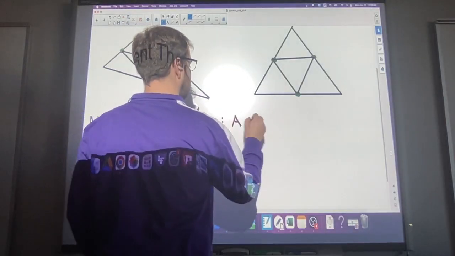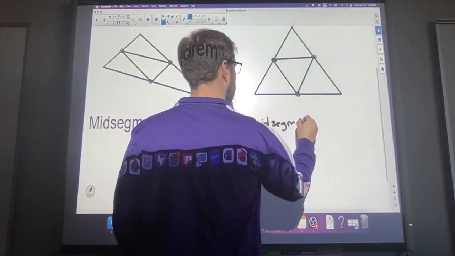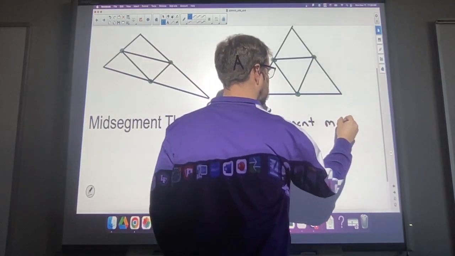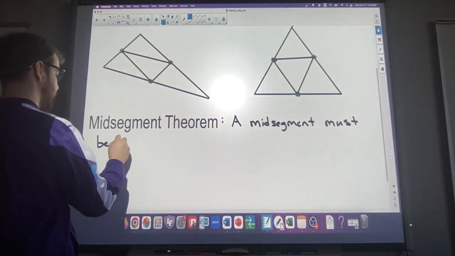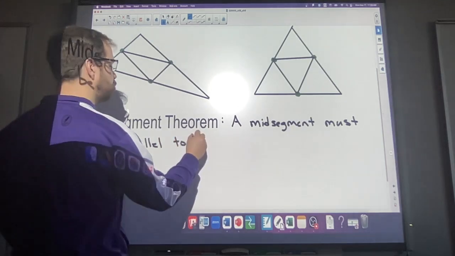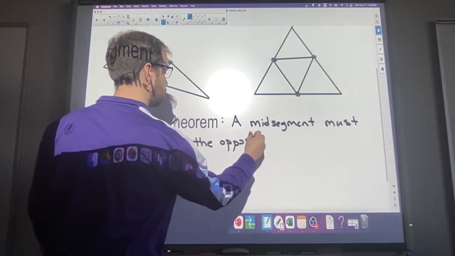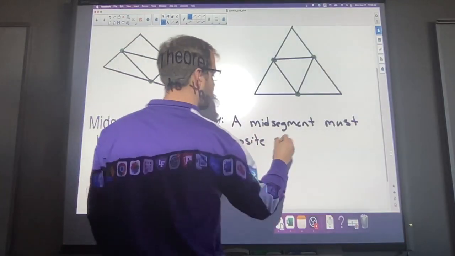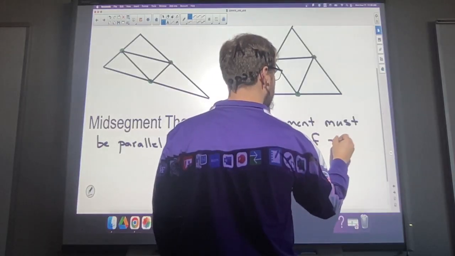A midsegment must be parallel to the opposite side of the triangle.